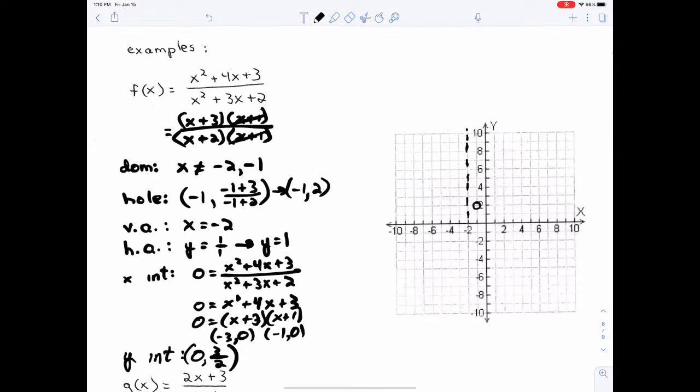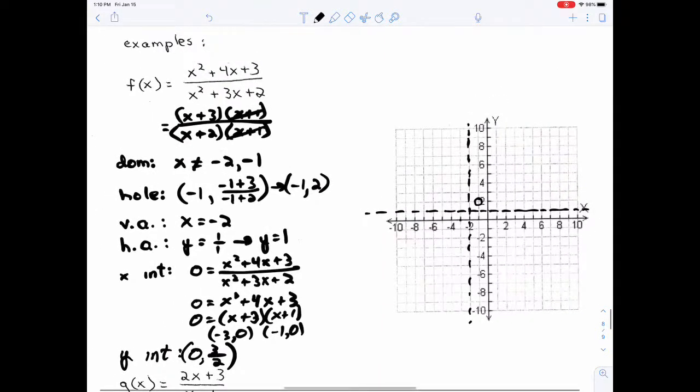So our graph cannot cross that. Horizontal asymptote at y equals 1. And we may or may not cross that. An x-intercept at -3, 0. And a y-intercept at 0, 3/2.